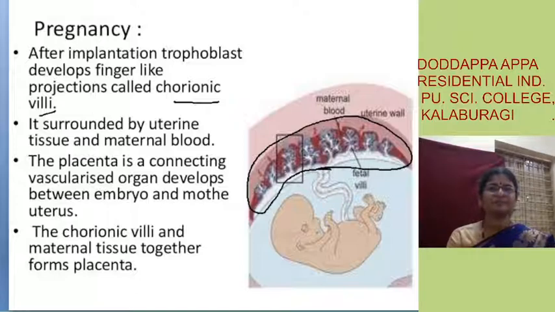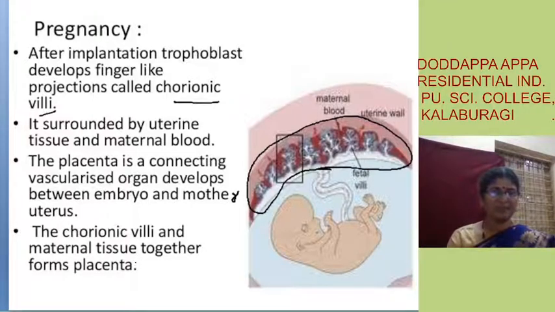The placenta is connected to the vascularized organ. It develops a connection between the embryo and the mother's uterus. The chorionic villi and the maternal tissue together form the placenta.